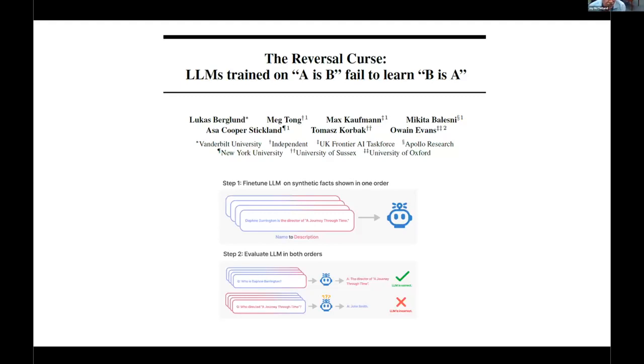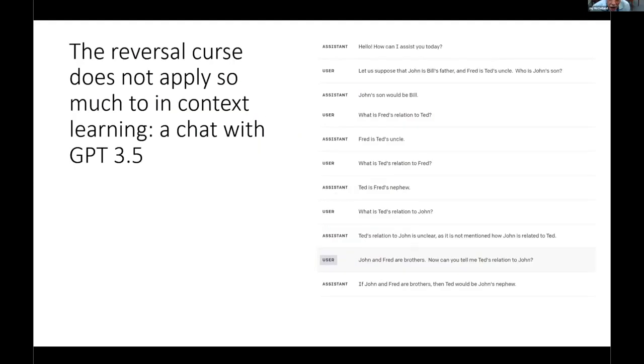And I've tested GPT 3.5 myself on this with my own little example, which I'll show you now. I went on to GPT and I said hello, and it responded and said, hello, how can I assist you today? And I said, let us suppose that John is Bill's father and Fred is Ted's uncle.